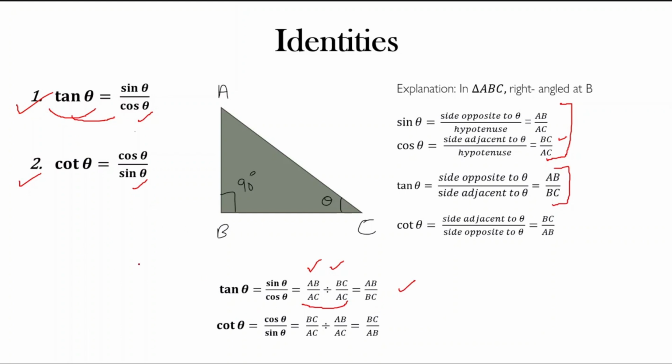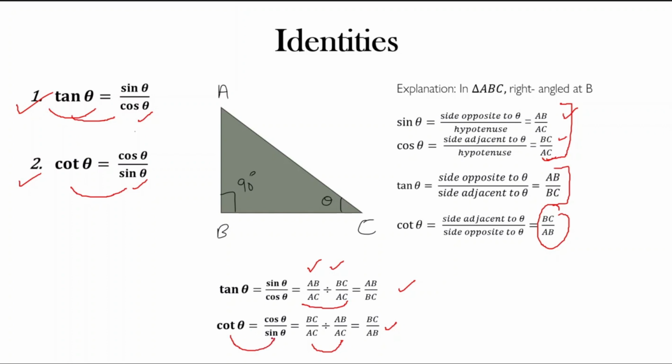Similarly, if I want to check whether cot theta equals cos theta over sin theta or not, let's substitute the values. Cos theta is BC over AC, sin theta is AB over AC. When you solve it, AC and AC get cancelled, and you are left with BC over AB, which is the direct value of cot theta. It means the formula is correct.